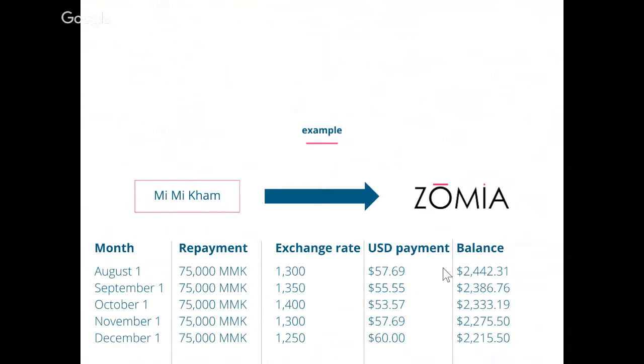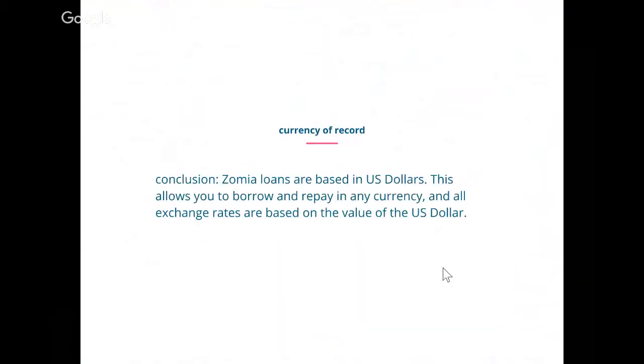And that is really why we use US dollars for your loans. Because it is used so much, its price doesn't change that much. And what it means for your loan is that even though you are borrowing in Thai baht, Myanmar kyat, or some other currency, your loan and your loan repayments will actually be converted into US dollars.